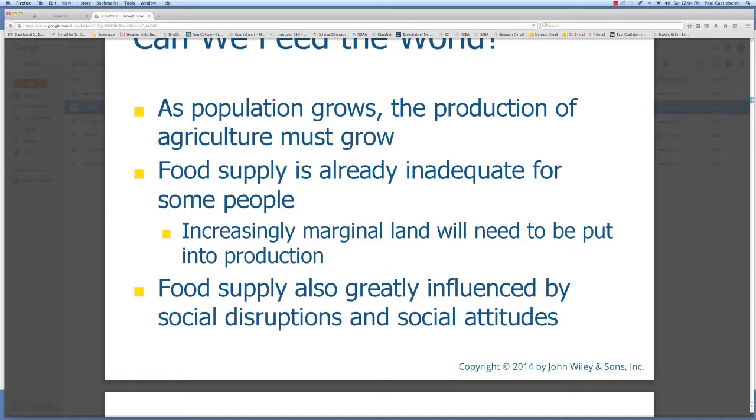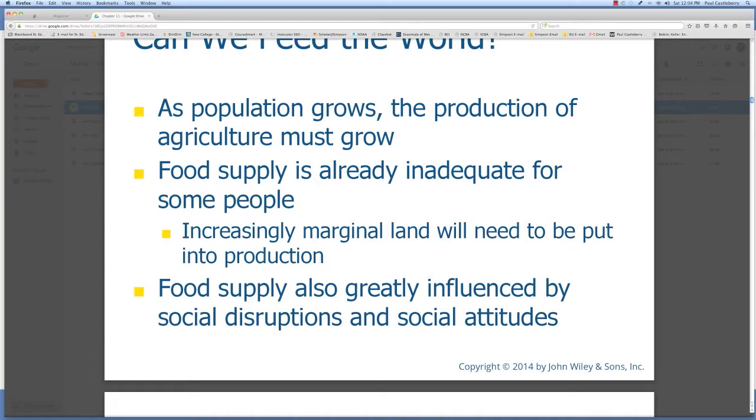But food supply, as we also know, is impacted not only by agricultural limitations, but also by political issues. As we know in the continent of Africa, I think since the 1960s, there have been many government overthrows and a lot of wars that have impacted agricultural land.